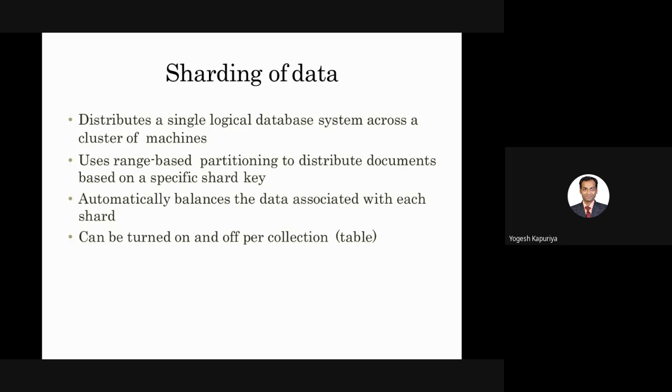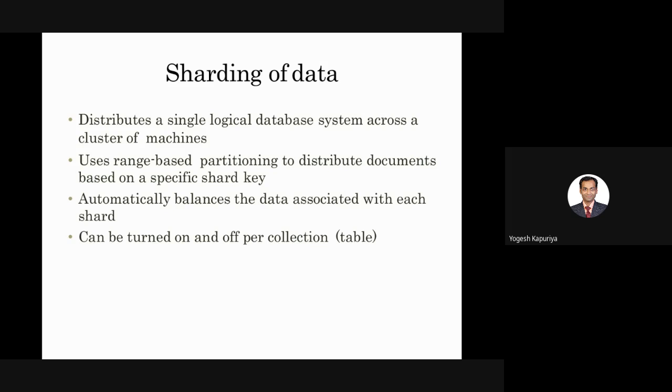Now you can have range-based partitioning as well to distribute documents. Let's say you have 10 million records. You can identify some ranges, and based on that you can distribute across the cluster. It helps in providing a better application interface because it's not random partitioning.